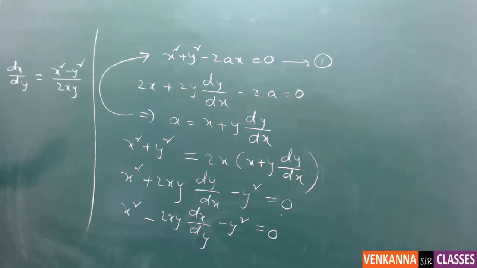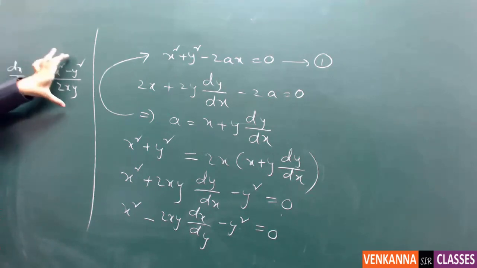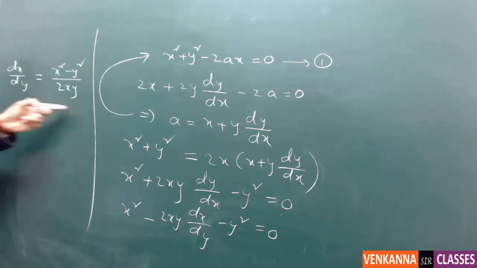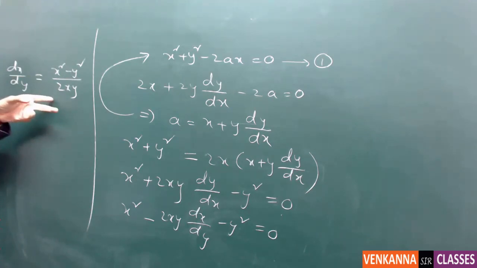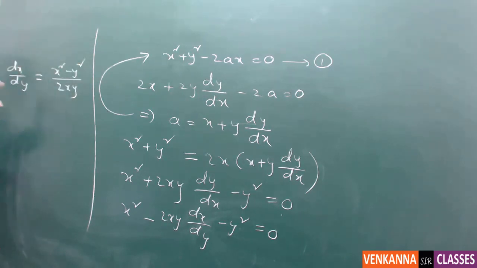Now, can you recollect the approach of solving variable separable differential equations and homogeneous differential equations? Do you get the idea? Whenever you write the function as dy by dx is equal to something or dx by dy is equal to something, if the right side function is homogeneous, meaning each term has the equal power, power 2, power 2, power 2, in such a case we have a technique.